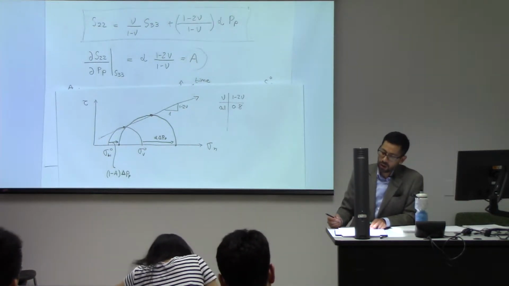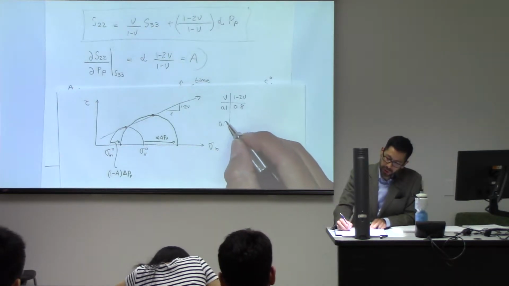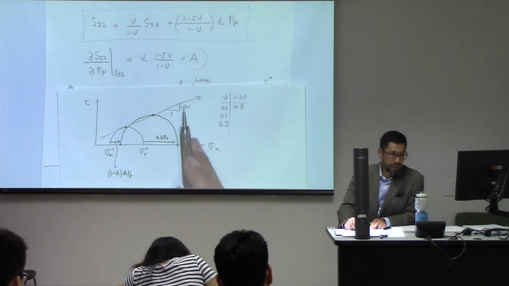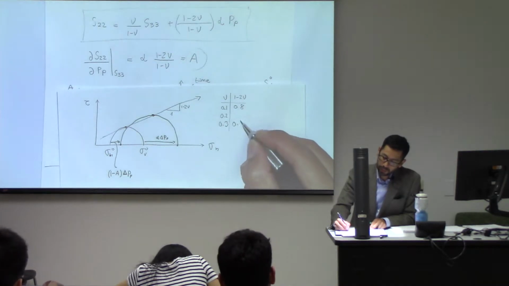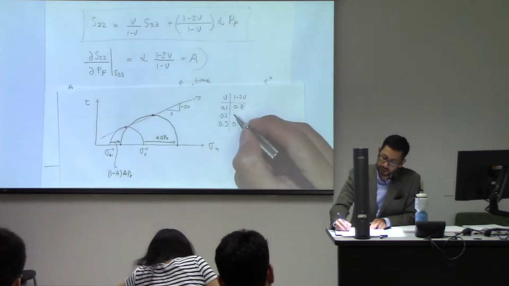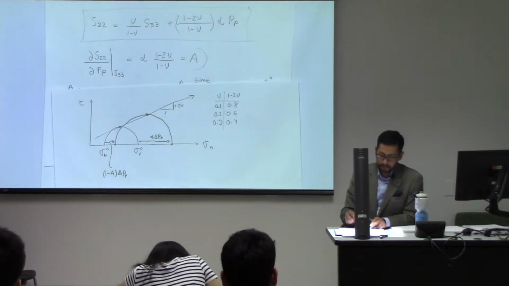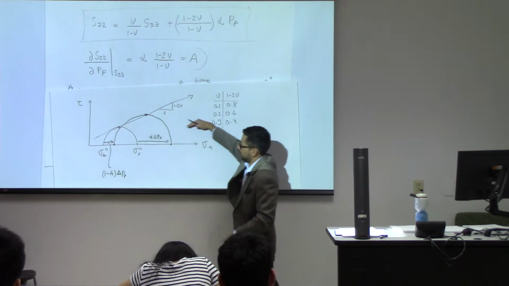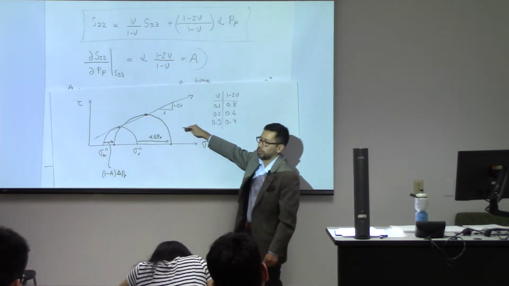If you have a rock in which you have a large Poisson ratio, let's say 0.3, that amount is going to be 0.4, much less, and this one is going to be 0.6. So the bigger the Poisson ratio, the less steep this path is going to be.